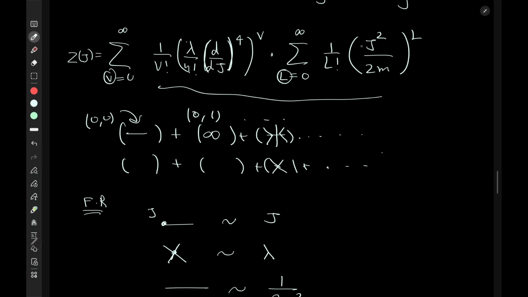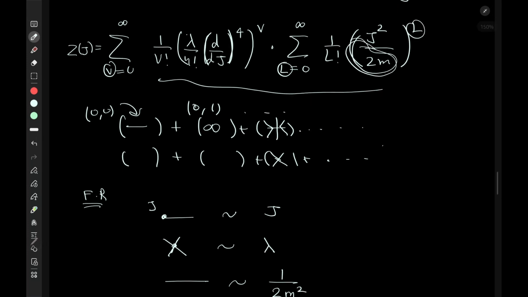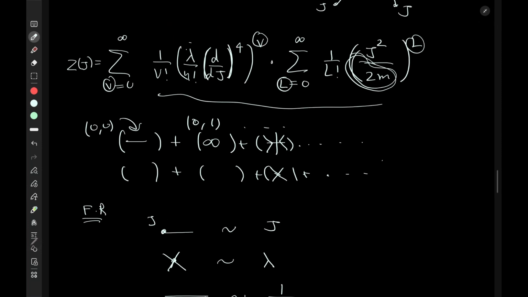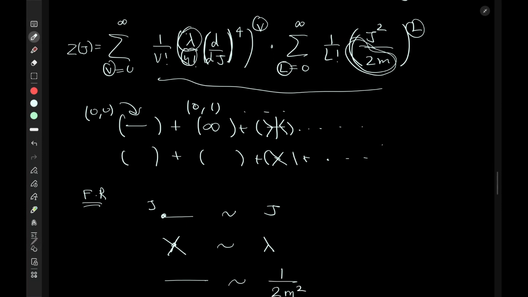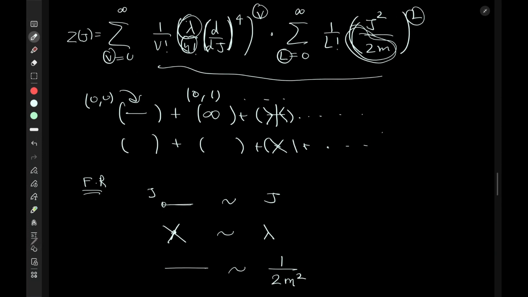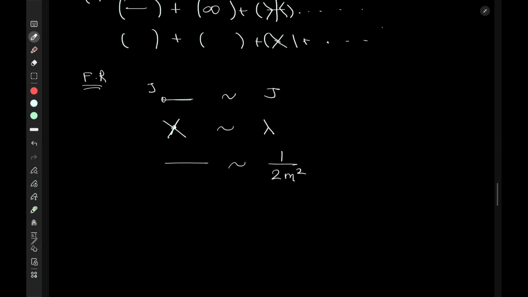This comes from here, this 1 over 2m square, because for every line there is a factor of 1 over 2m square. For every vertex v, there is a factor of lambda. Why I have not included 4 factorial will also be clear in a moment. But okay, what else? Yeah.